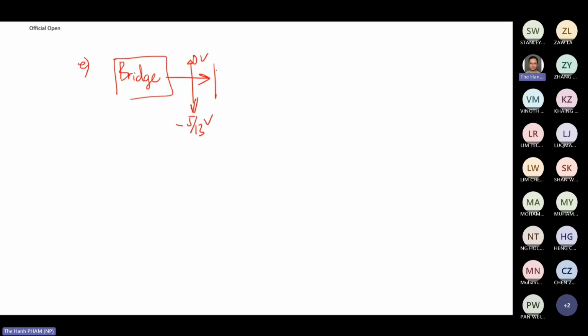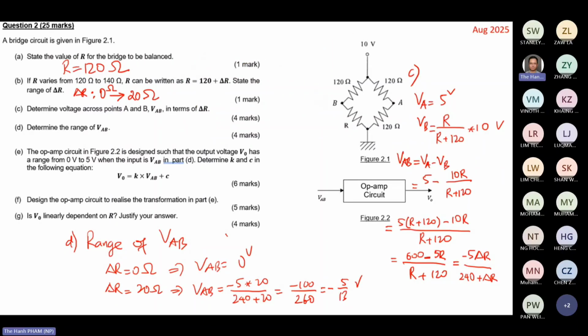Now I want to have a transformation in such a way that my voltage now is from 0 to 5.